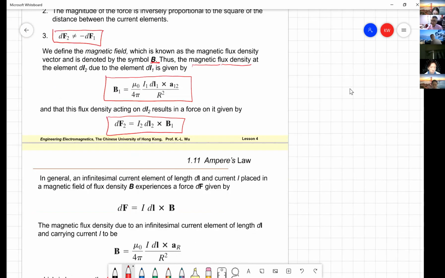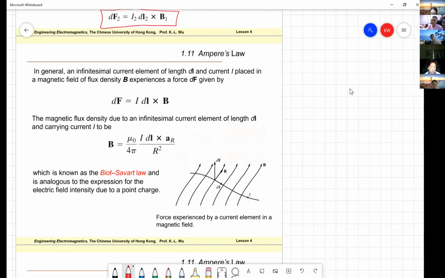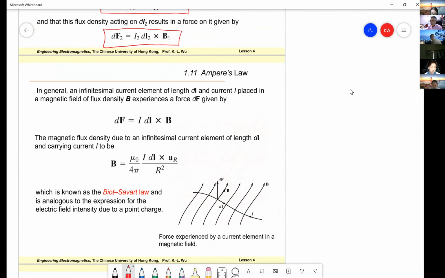For a given current wire, the current follows the wire direction, so the wire has a dL. We use dL, the differential length, to describe the direction of the wire. This is a vector.